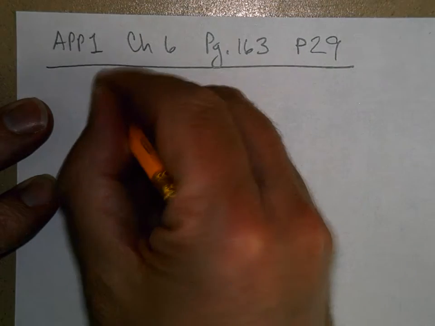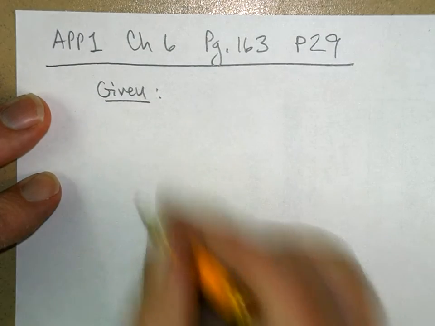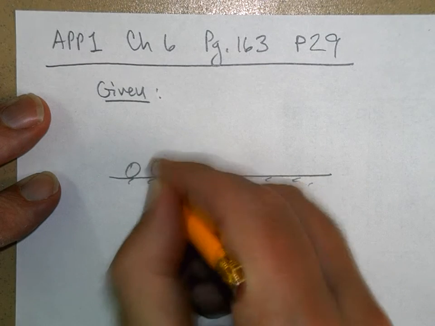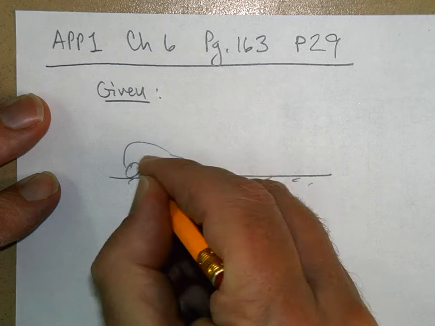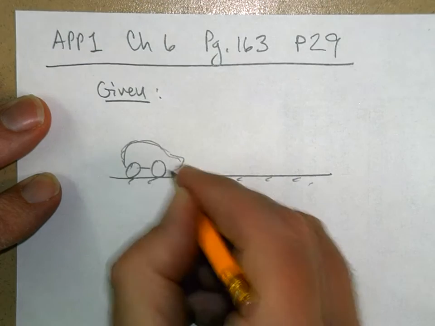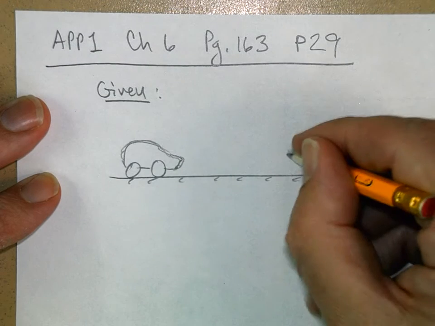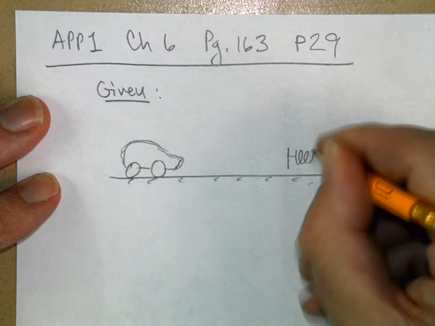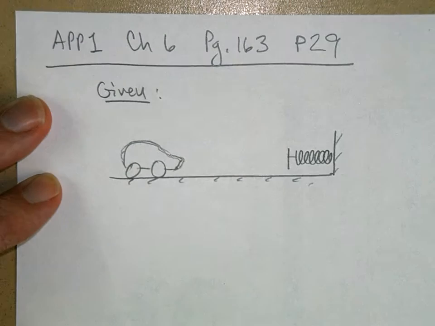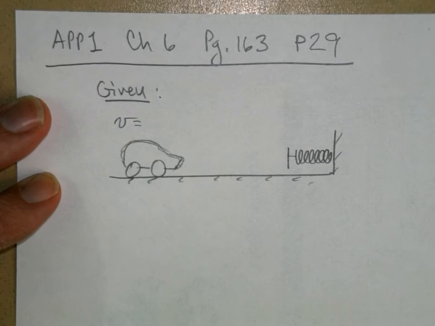So, given. Okay, so we've got this car, this little Tesla Model 3. And actually, what a terrible thing to do to a car. And here's the spring. And the velocity was, what was it, 95?